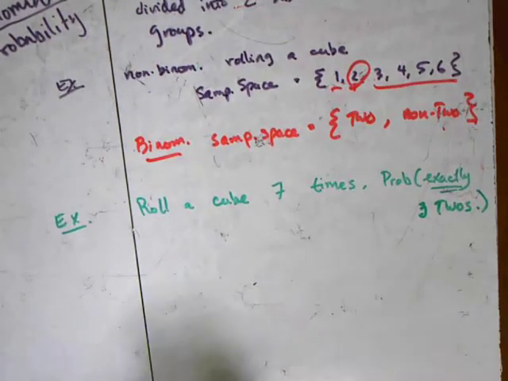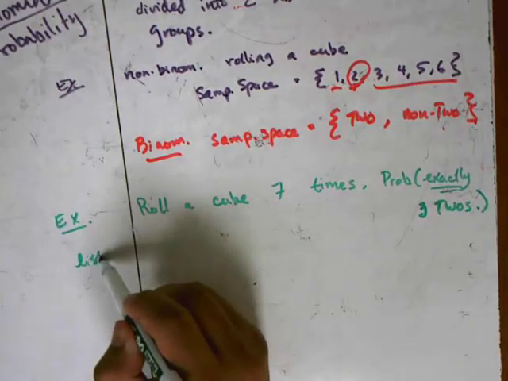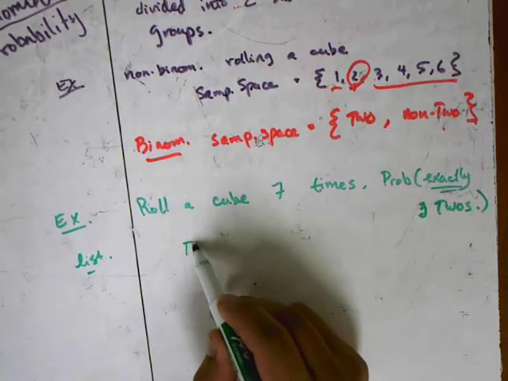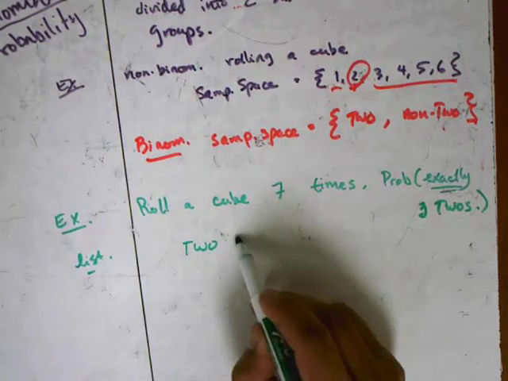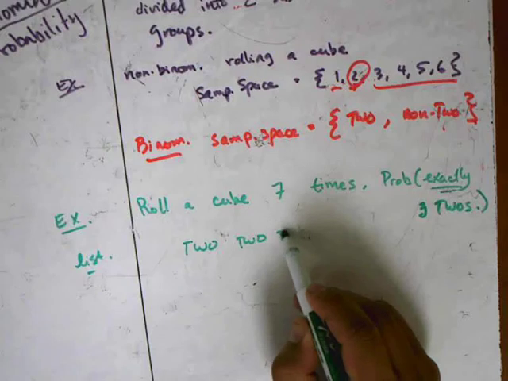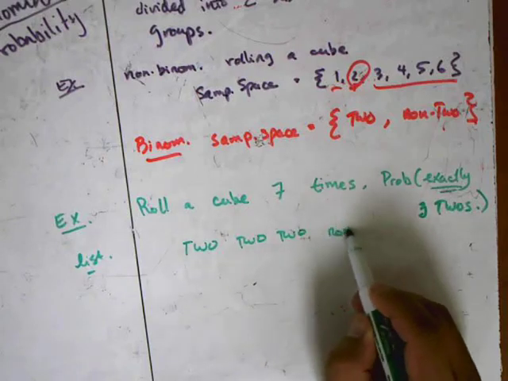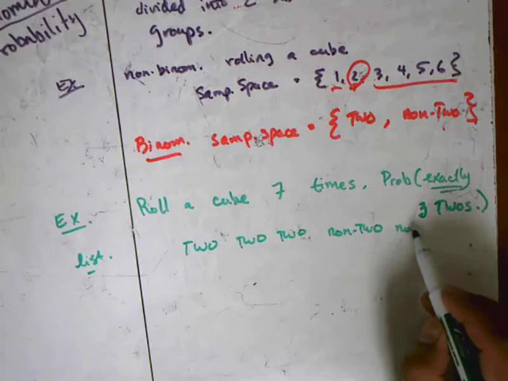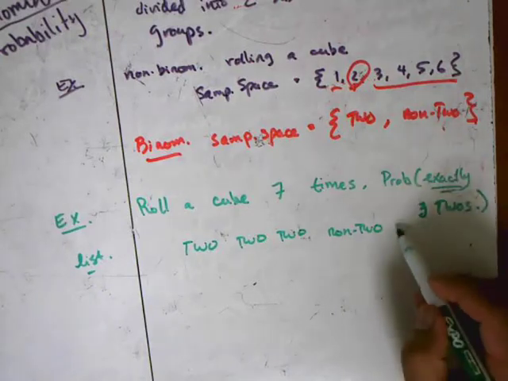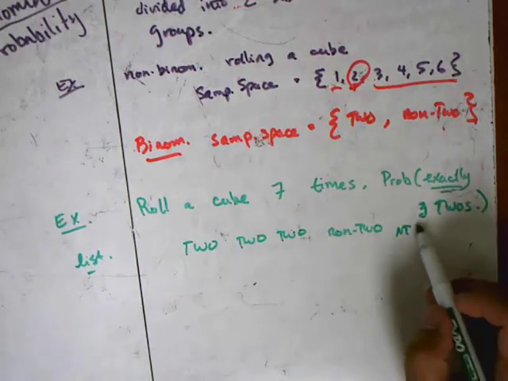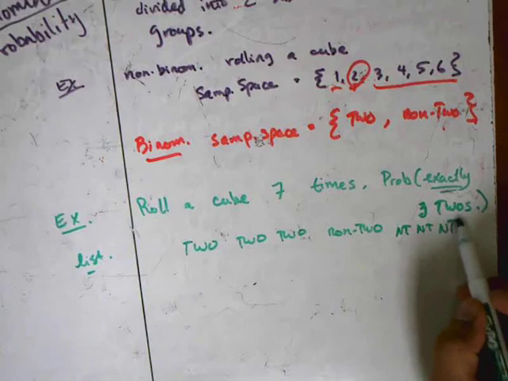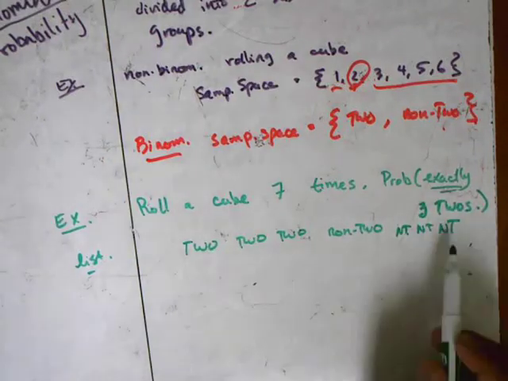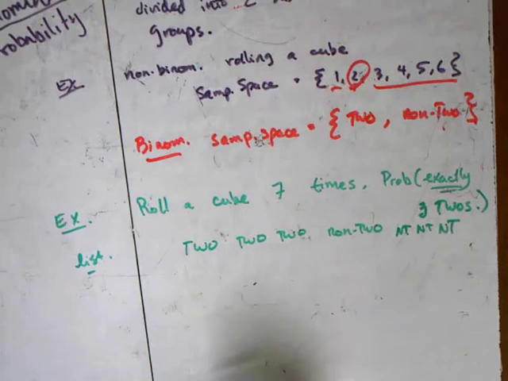Well, let's just list out some ways that we could get 3 2s. We could get a 2, a 2, a 2, a non-2, a non-2, a non-2, a non-2. I'm going to abbreviate this NT. So there are 3 2s here, and then 4 non-2s.